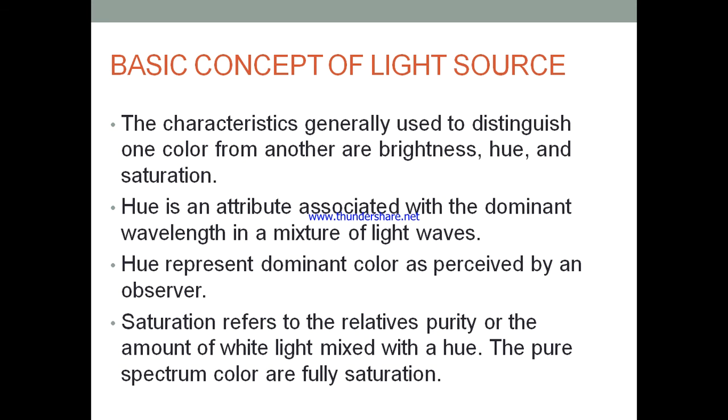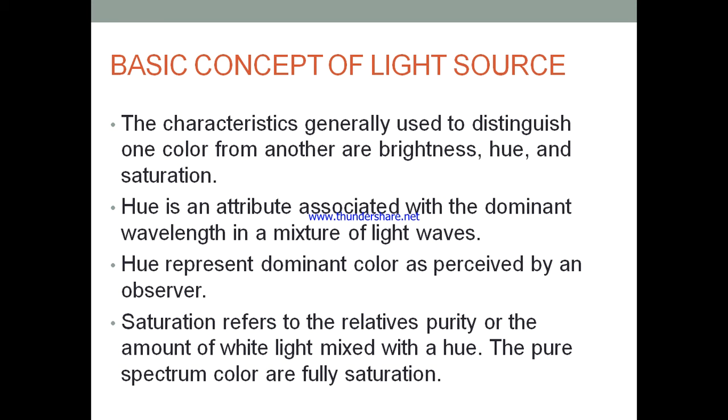Okay, so the basic concept of light sources, as I told you. In order to distinguish one color from another, we go for brightness, hue and saturation. So what is hue? It is an attribute associated with the dominant wavelength in a mixture of light waves.